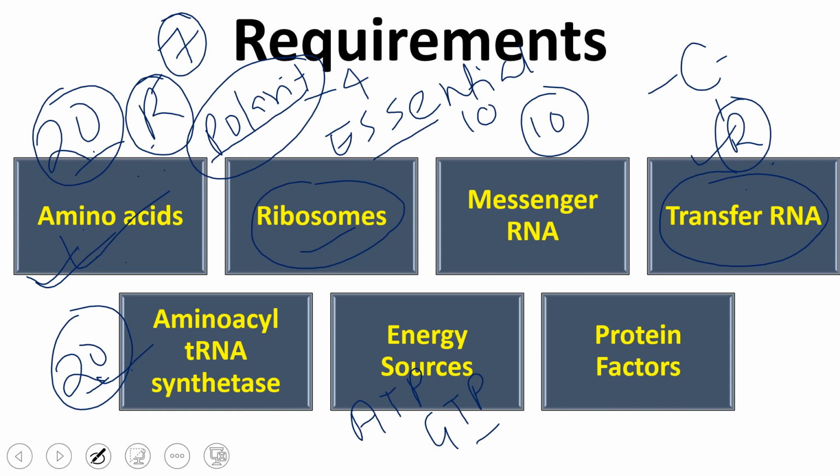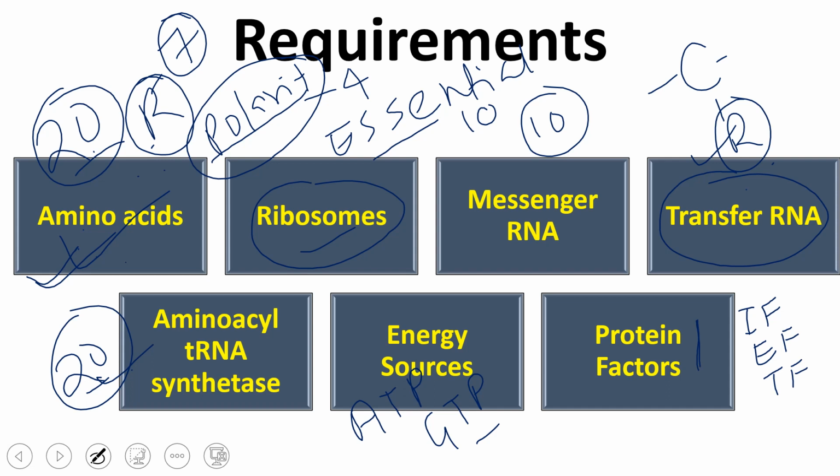Then last part is protein factors. Like we have seen in eukaryotic cases, in the transcription we require certain factors, transcription factors. Here, during initiation we require initiation factor, during elongation we require elongation factor, during termination we require termination factor.